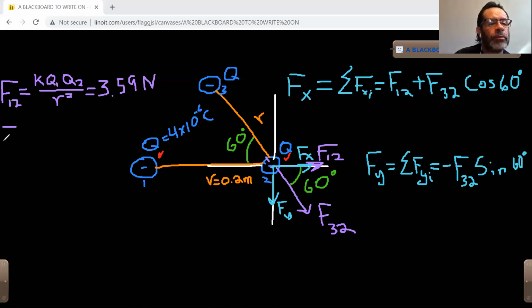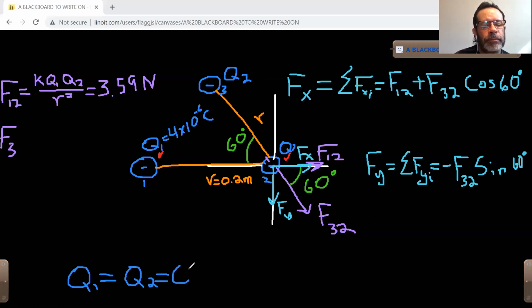And F32. So just to be clear here, Q1 is equal to Q2 and is equal to Q3. And so F32 would actually be the same value because the charges are the same.